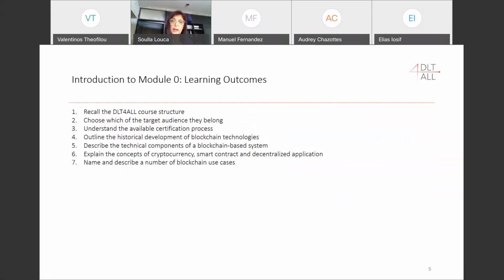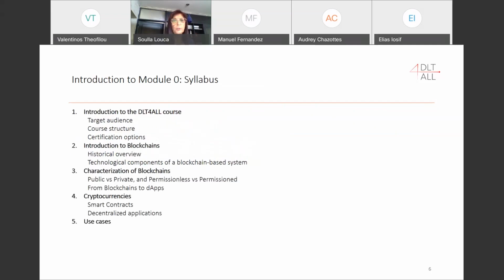By the end of the 2-3 hours that we have ahead of us, it is expected that you should be able to understand the historical development of blockchains, what the DLT4ALL course is made of, the technical components, concepts of cryptocurrencies, and so on, and describe also a number of blockchain use cases that blockchain technologies are useful to be applied.